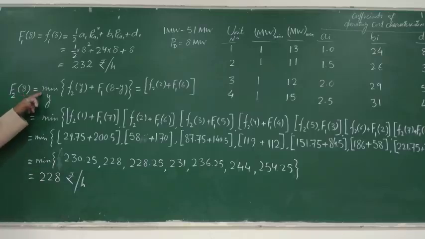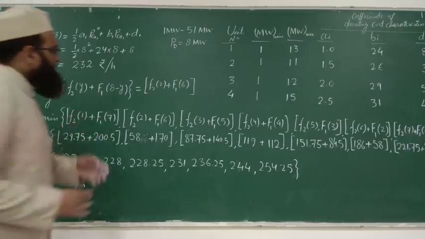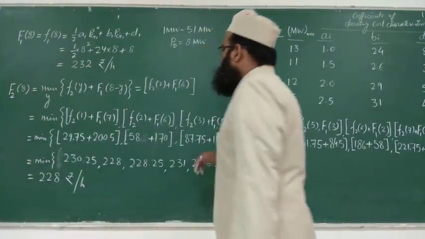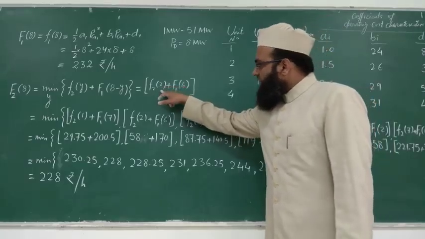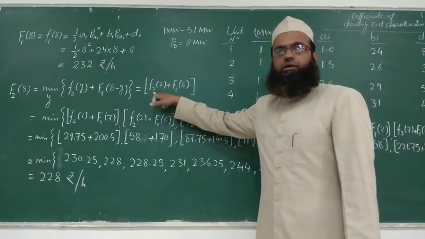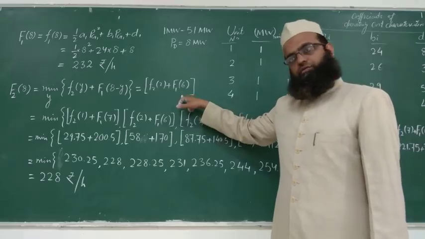This is the minimum cost of generating 8 megawatt by 2 units, unit number 1 and 2. Whichever pair you have selected, for that combination only we are talking about. Clear? That is corresponding to the 2 megawatt loading on second unit and 6 megawatt on first unit.